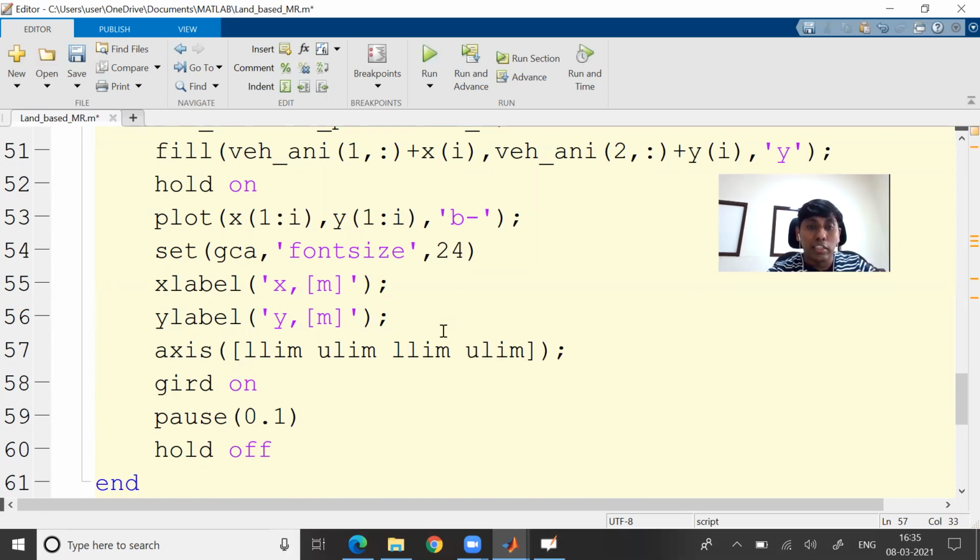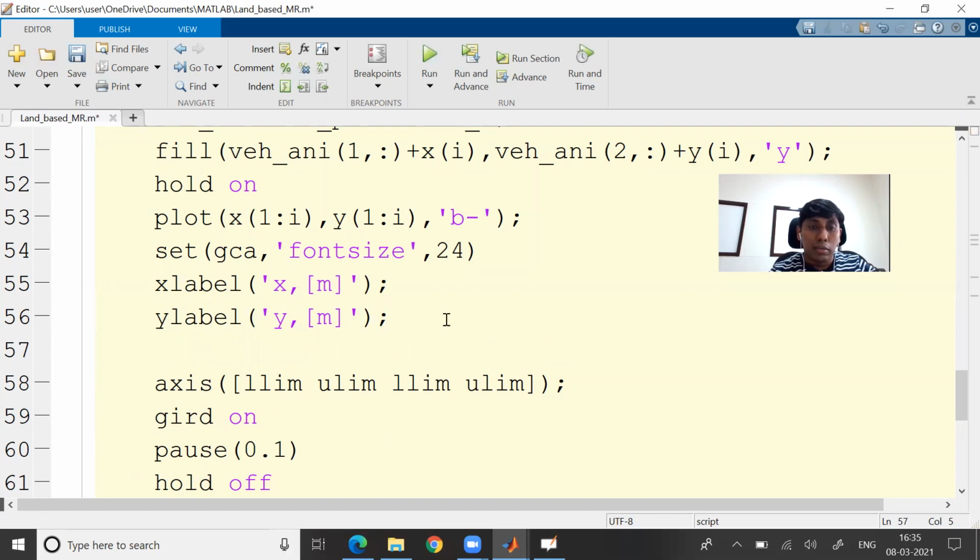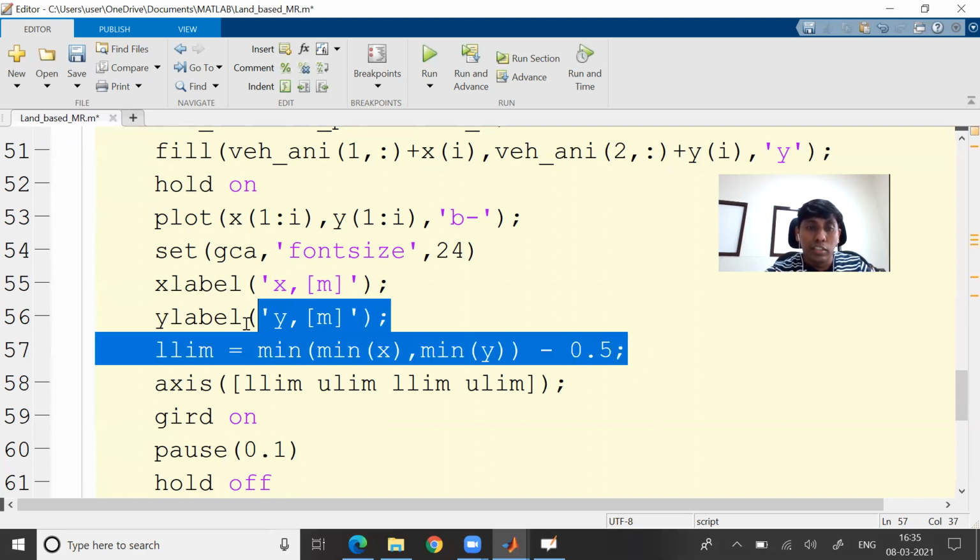That is easy for us, but I'm just giving the lower limit equal to minimum of x, comma, minimum of y. Then I'm putting it from there, it is 0.5, so that I can show it properly.